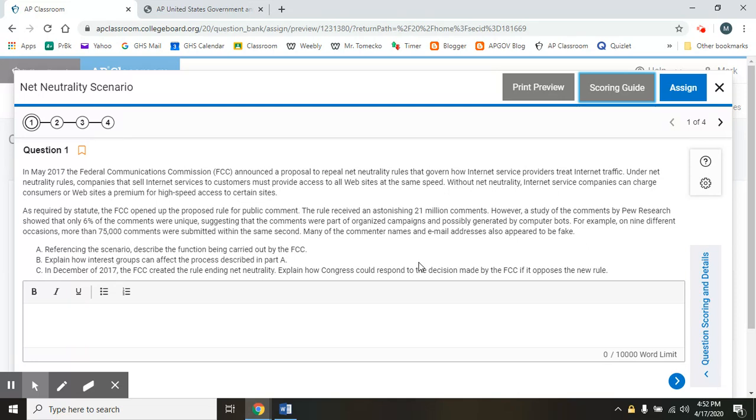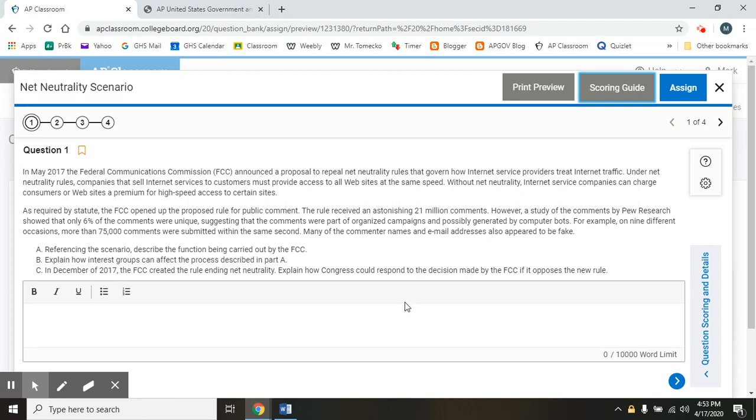So that's primarily what they're looking for there. I'm not going to say there aren't other possibilities, but that would be the most obvious thing. Interest groups could themselves or encourage their members to comment on these proposed rules. Again, we want to keep all of this referencing the scenario. So, maybe we might want to say interest groups could encourage their members to comment on the FCC's rules about repealing net neutrality. Okay, that should earn us the point.